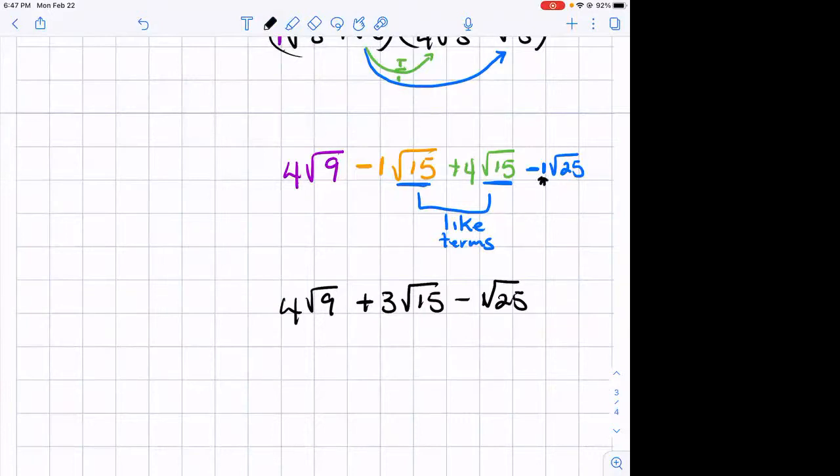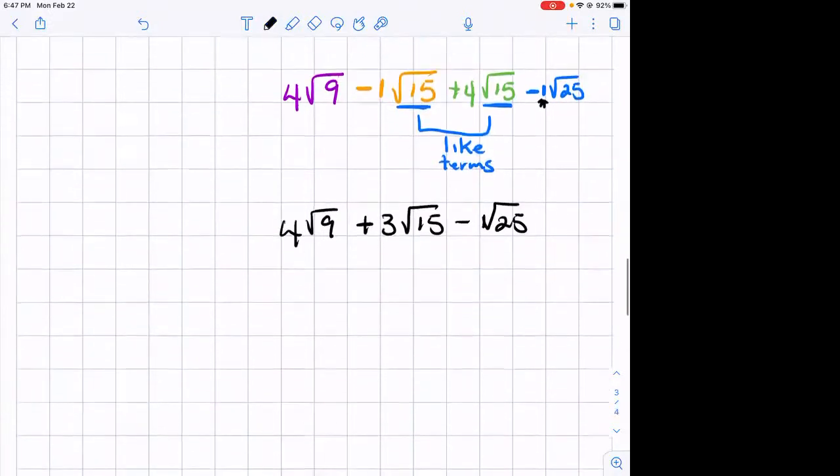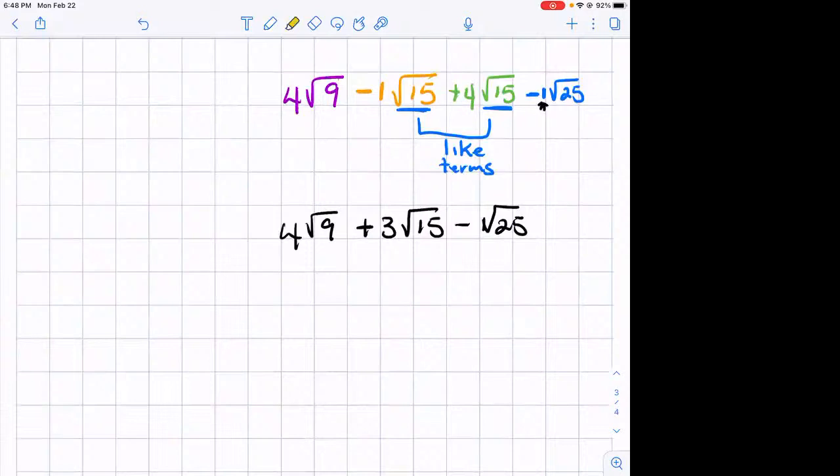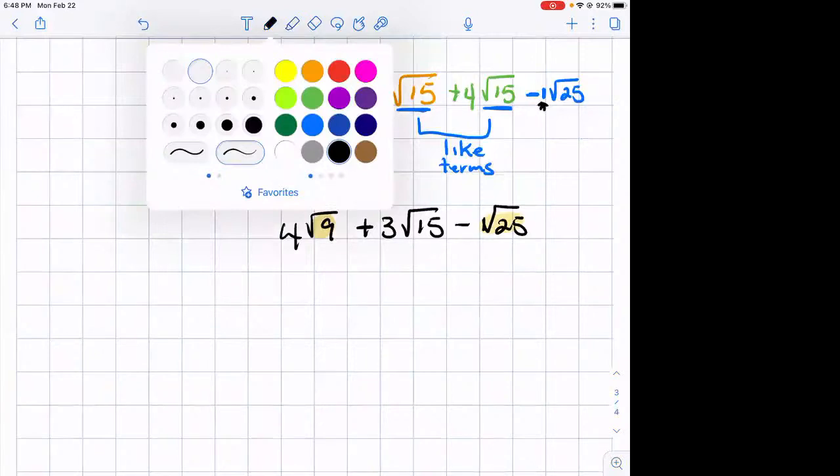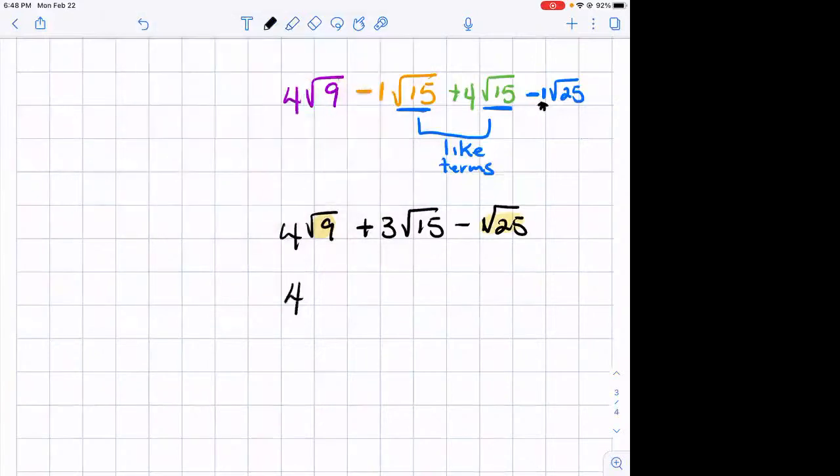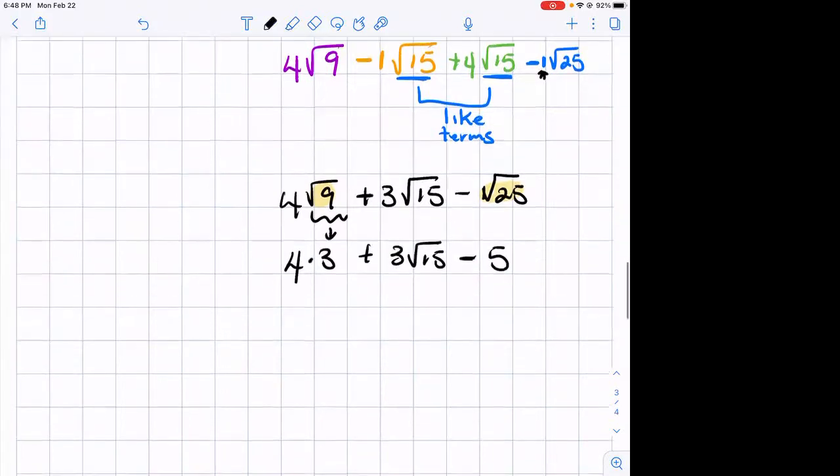Because they're like terms, we just add and subtract the coefficients. Now notice that 9 is a perfect square and 25 is a perfect square. So this becomes 4 times 3, plus 3 root 15 minus 5. And 4 times 3 is 12, so we have 12 plus 3 root 15 minus 5.